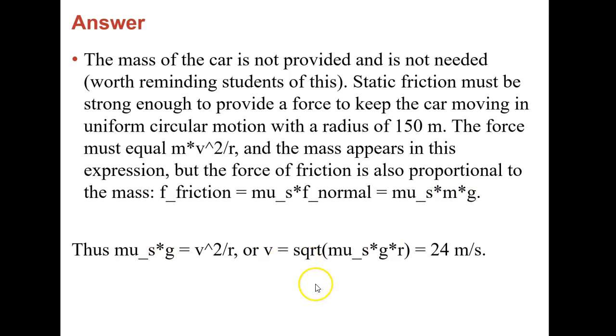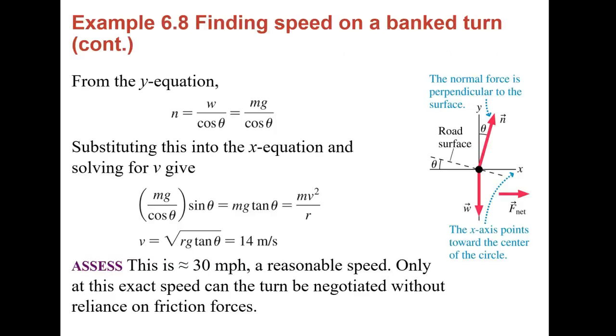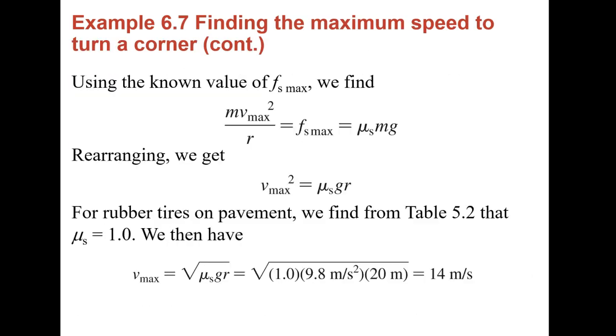The mass cancels, and just like we did in the previous question, the speed is going to be equal to the square root of the coefficient of friction times gravity times your radius, which gives you 24 meters per second. You have to be able to put two equations together to derive the formula.